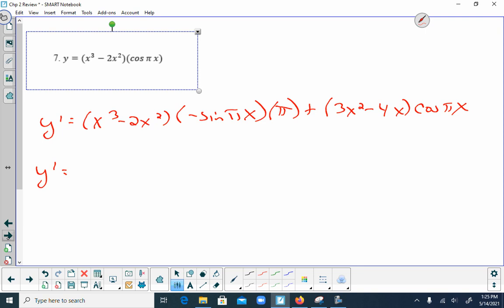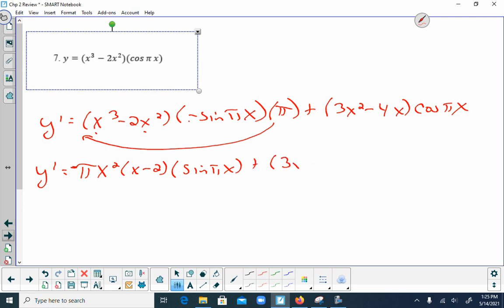I think all I'm going to do is bring this pi up front, and I might factor out an x squared here. So I'm going to have pi x squared times x minus 2. Oh, negative. There's that negative sign. I'm going to factor that out too. Sine pi x, and I already brought that pi up. And then I'm going to have plus 3x squared minus 4x times cosine pi x.